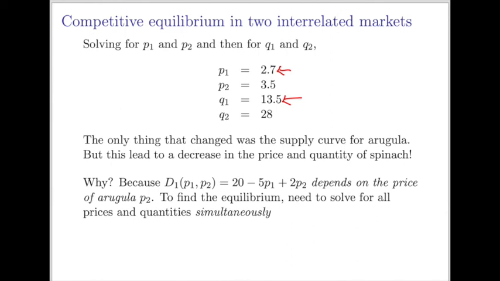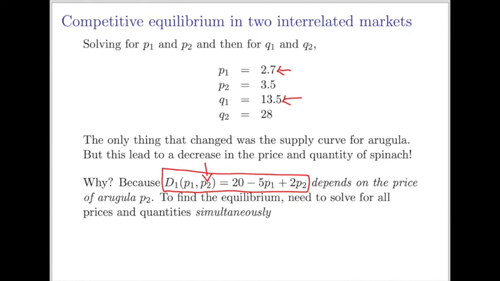It's because the demand for spinach depends on the price of arugula. And when we have a change in the supply of arugula, that caused a decrease in the price of arugula, and therefore a change in the demand for spinach.